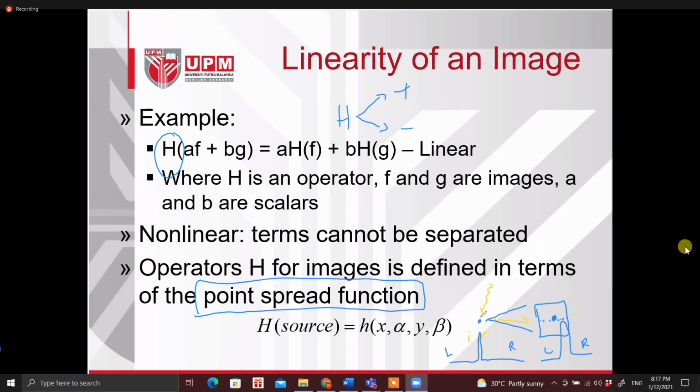Okay, so this is one case of looking at an object as a very tiny object, therefore it will reflect a point. What if we are looking at a big object? So in image processing, we are assuming that every point here will be reflected and recorded in the output canvas.